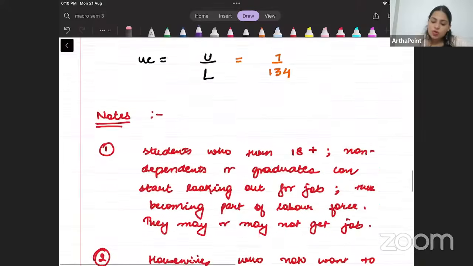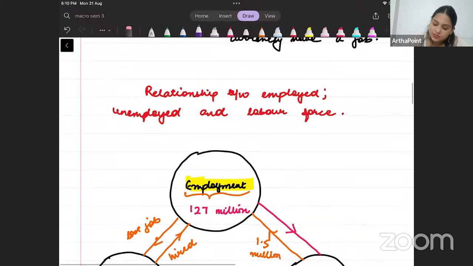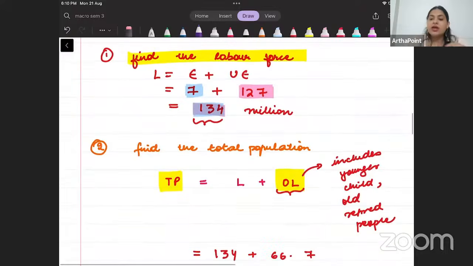So this is shown by something like this. They were employed, they remain employed, but they keep switching their jobs. So you have to consider all of this. This is now the complete relationship that we have drawn. This relationship takes into consideration all these things that I have written. There can be separations, there can be hires, there can be quits, there can be layoffs.